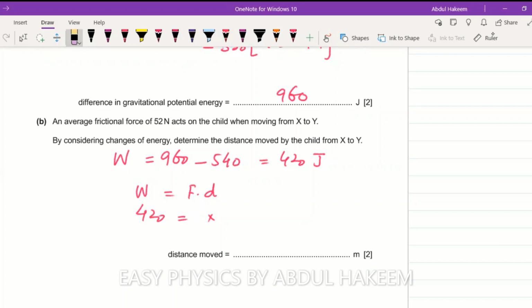So we will use this, which is 52 times D. Hence, D is equal to 420 energy divided by force. After the calculation, the distance will be 420 divided by 52. It is 8.1 meter.